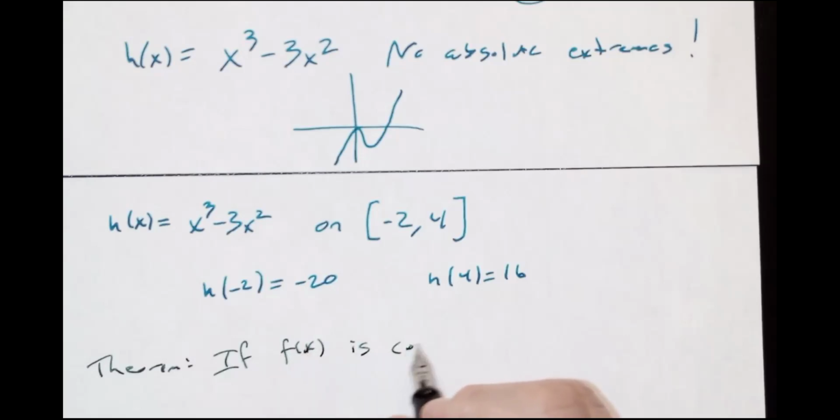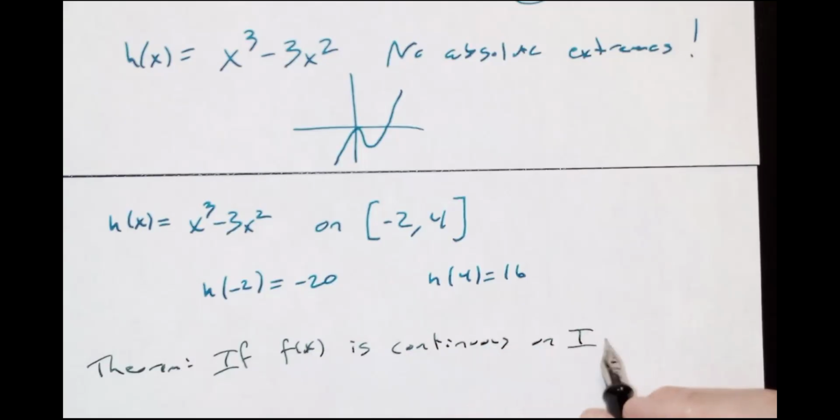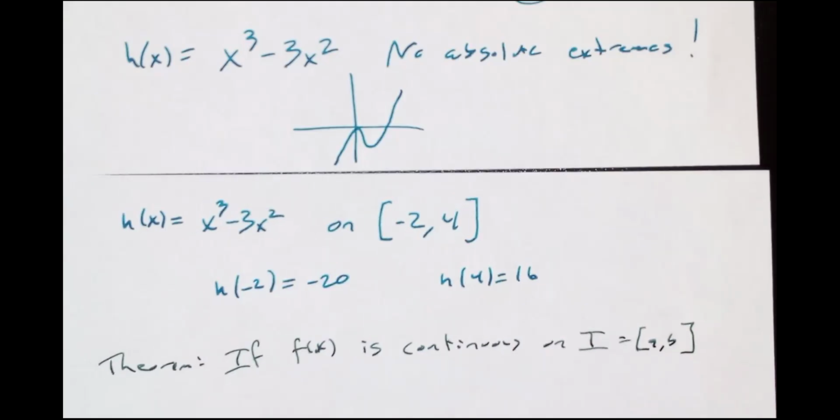a continuous function on the interval from A to B, notice the closed interval. I have to include A, I have to include B. Then I will get a maximum and a minimum somewhere on that interval.